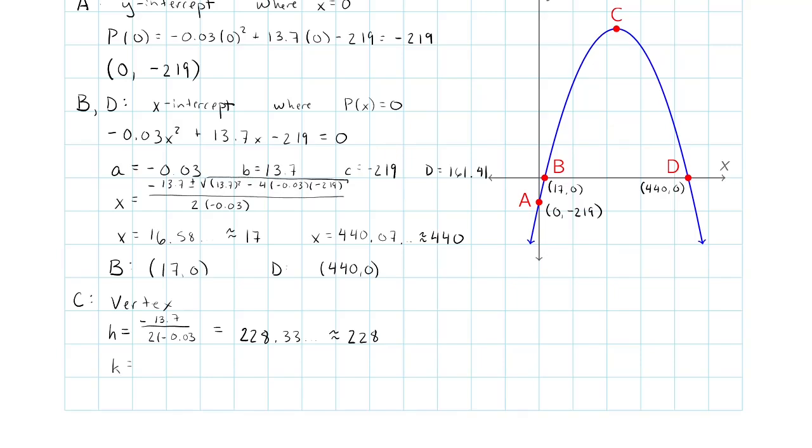k is the opposite of 13.7 squared minus 4 times negative 0.03 times negative 219, all over 4 times negative 0.03, which works out to 1345.08, etc., which will round to 1345.